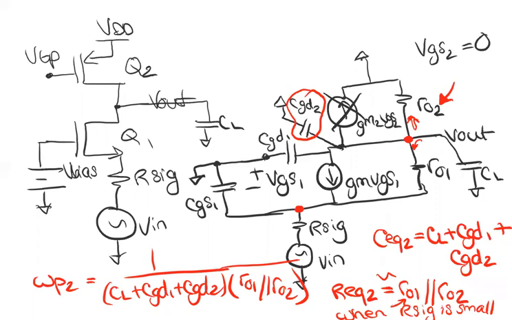In terms of low frequency small signal gain, so that's when we don't include capacitors, our original equation derived last recitation was GM1 RL over 1 plus GM1 R sig. So now that RL will be replaced with R02.